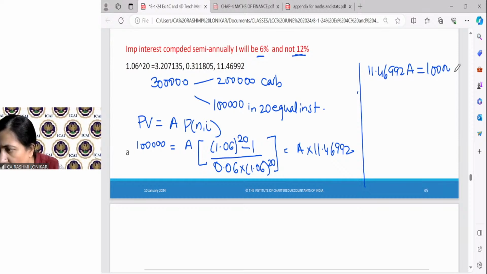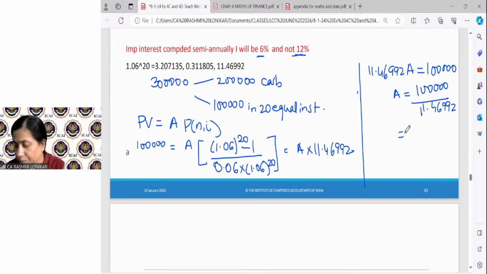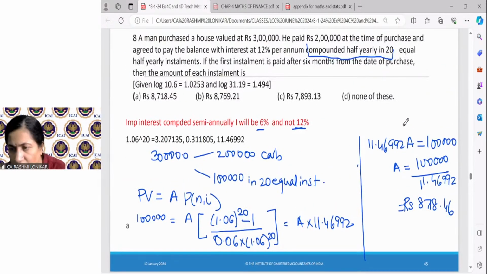1 lakh of rupees. So A will be equal to 1 lakh upon 11.46992. Now how much is this? 1 lakh divided by 11.46992 is equal to rupees 8718.46. 8718.